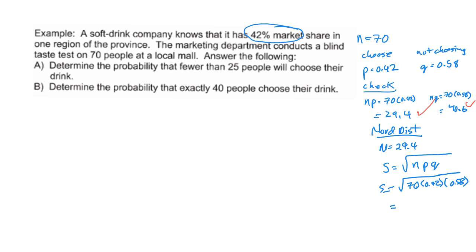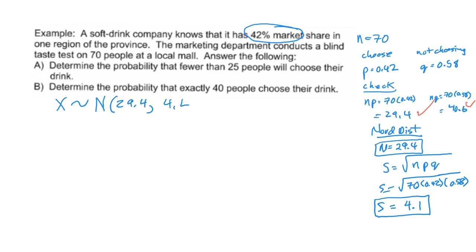And taking the square root, you're going to get approximately 4.1 for your standard deviation. So we're going to determine the probability using the normal distribution for x, where our mu is 29.4 and our standard deviation is 4.1. Well, 4.1 squared.